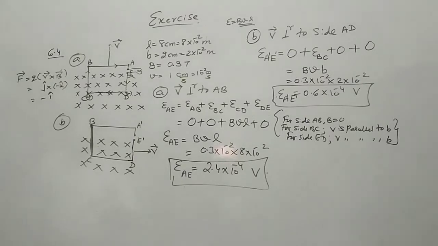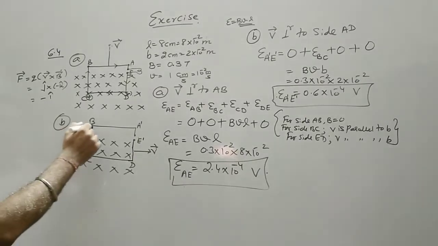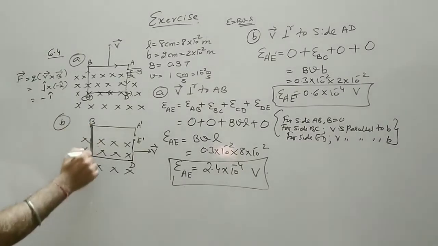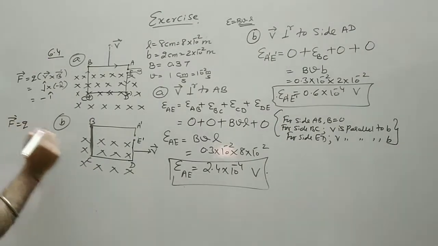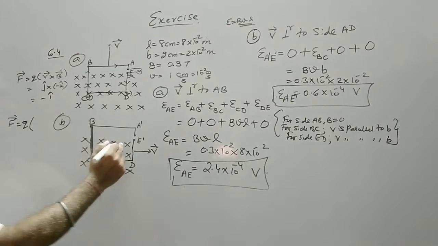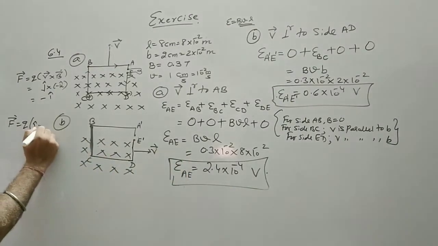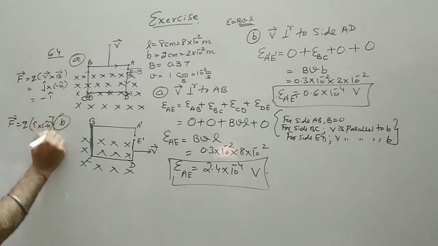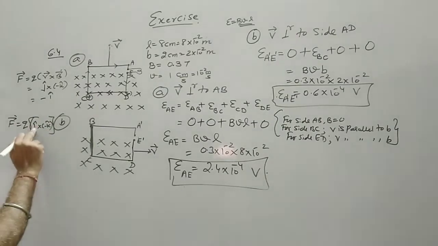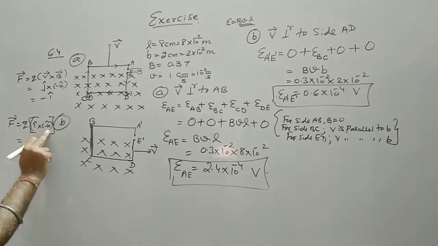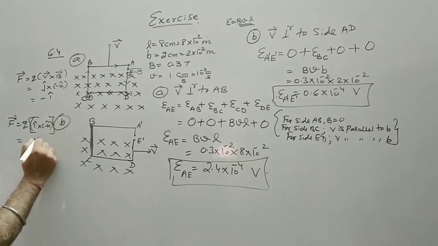Now we have to find out which point is at high potential, because the EMF induced is due to this rod. Again, F is equal to Q, V is along the x-axis, so i cross minus k. I cross minus k. So this is equal to i cross k, that is minus j. This becomes plus j.